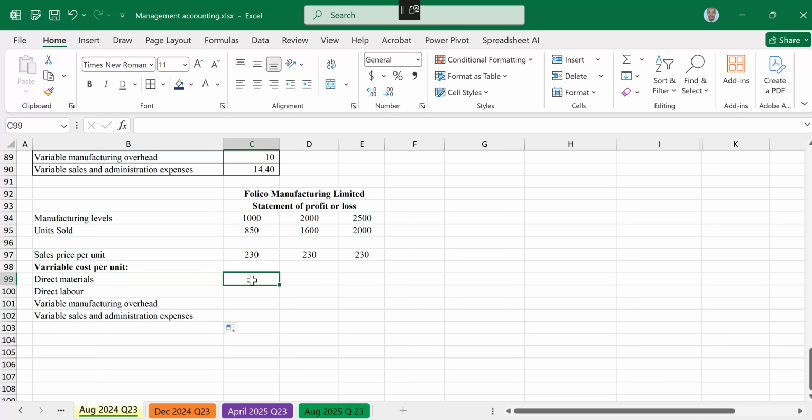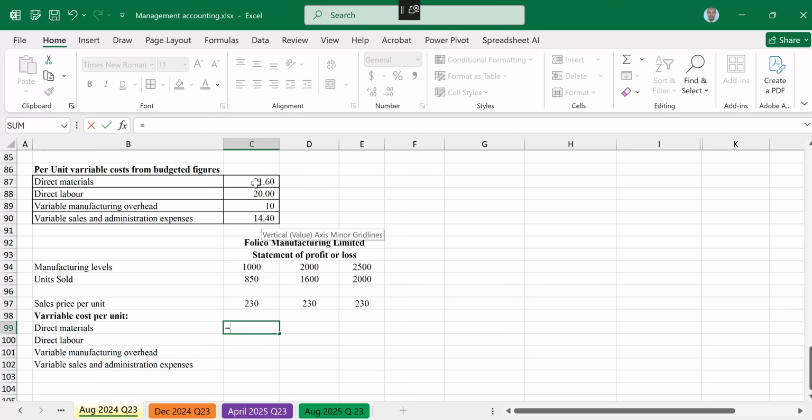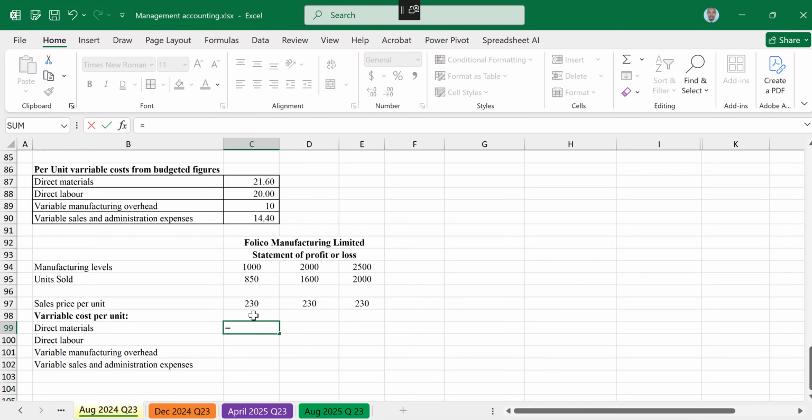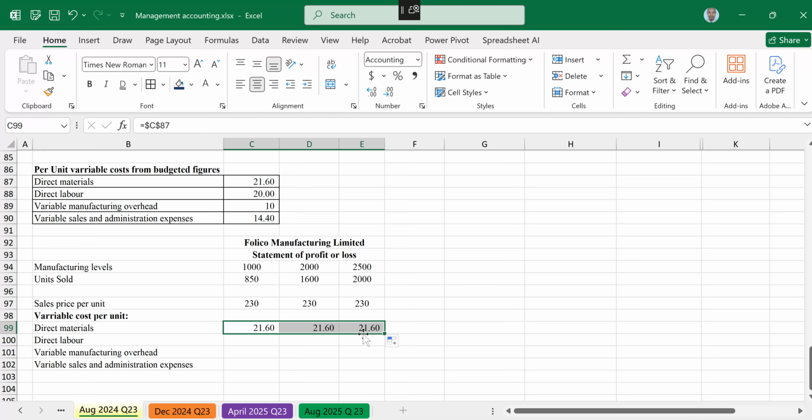Then equal sign, variable cost per unit. So get the variable costs per unit. That will be equal sign, then click on this and lock. Enter. That is 21.6. Drag across.